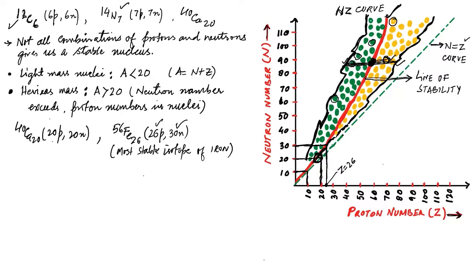And these lines are known as the drip lines. We will talk about the drip lines later on. This is known as the proton drip line, and this one is known as the neutron drip line.